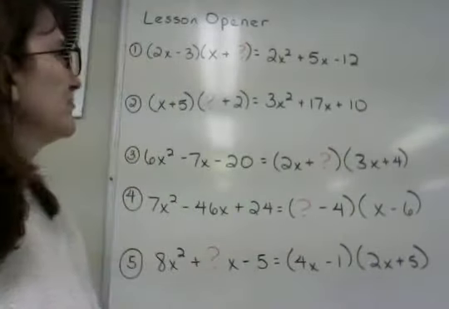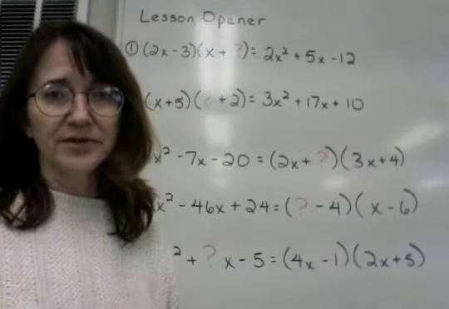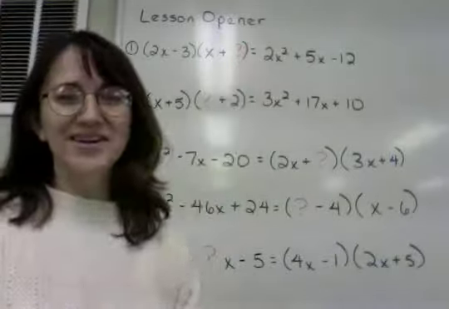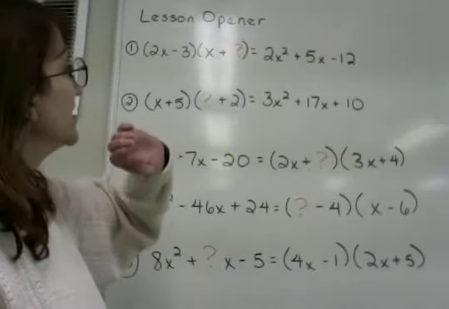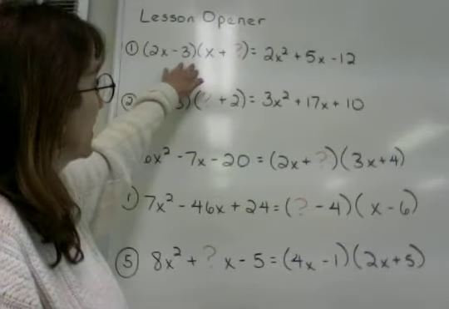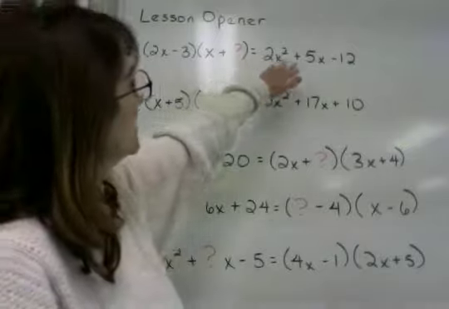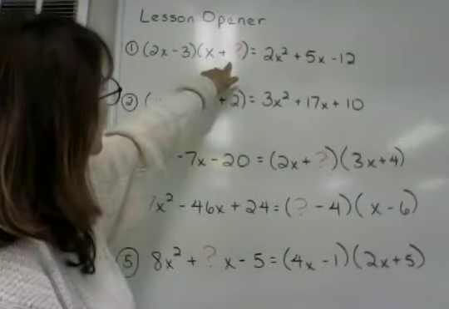So starting off, that's just a question mark. If you can't see it, it's probably a question mark. So what you're trying to figure out is, if I'm looking at these two binomials, let's say we put them together with FOIL, and we ended up with this trinomial, and I'm trying to figure out what is missing.